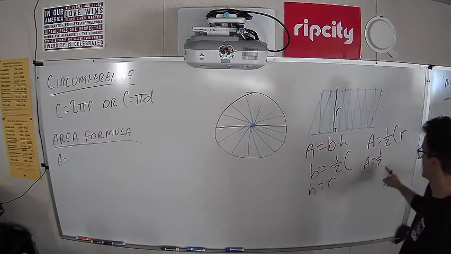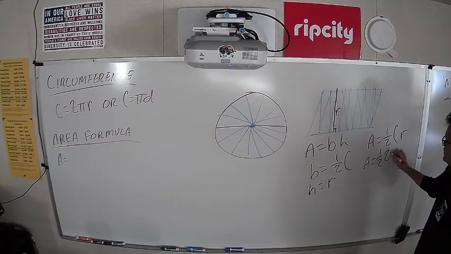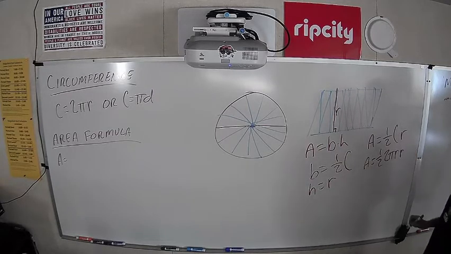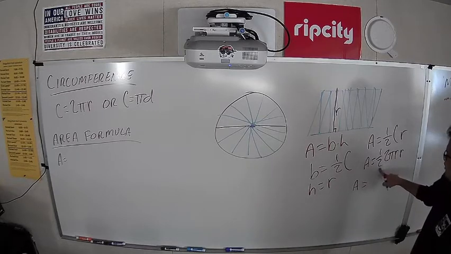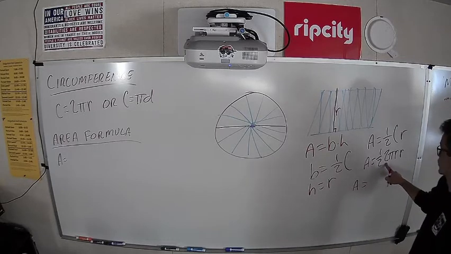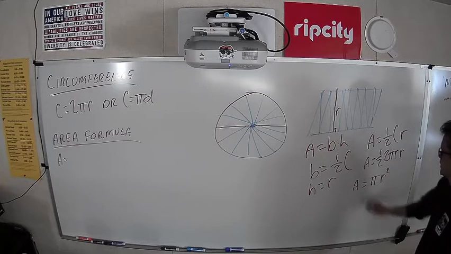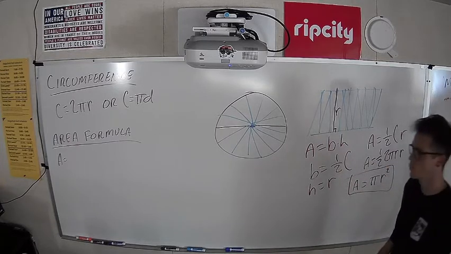So I'm going to substitute a value in for c: 2 times pi times r. And then we still have this other r from our previous step. So we have a couple of r's there. And for our last piece of the puzzle, we can simplify. 1/2 times 2 is just 1. Pi is going to be pi. And then r times r is r squared. So to find the area of a circle, we use this formula: pi r squared.